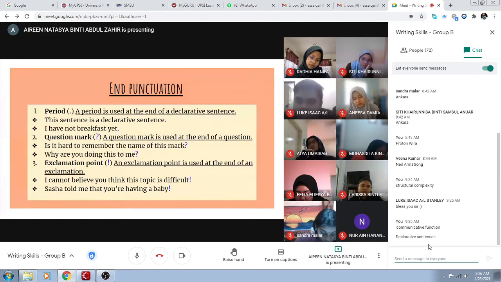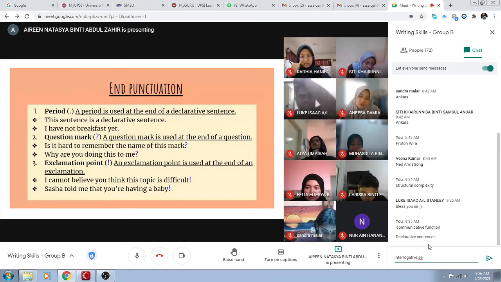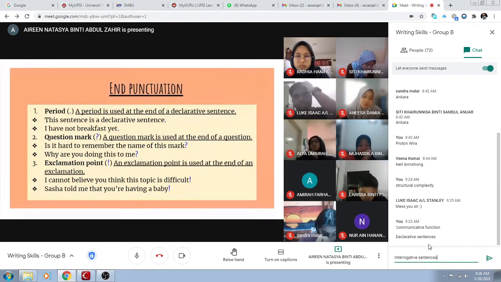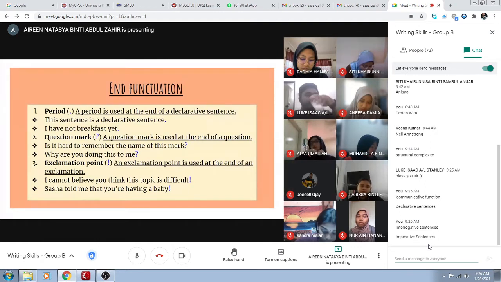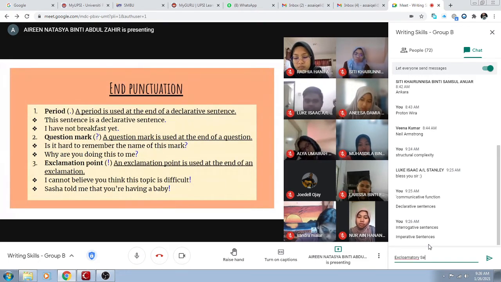The second type is interrogative sentences. The third type is imperative sentences. And the fourth is exclamative or exclamatory sentences.